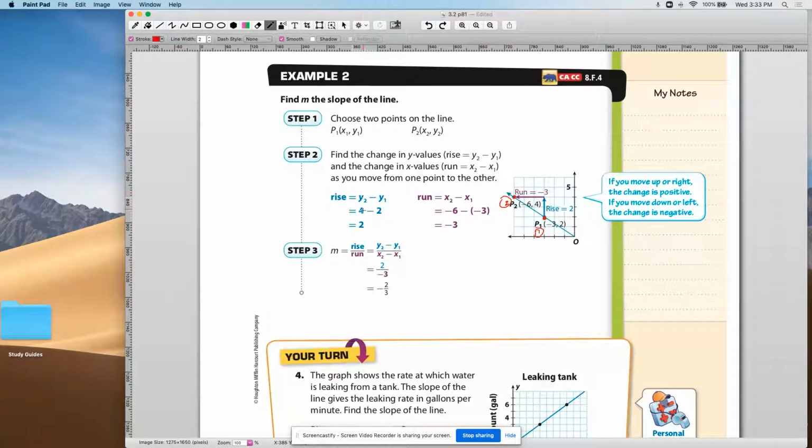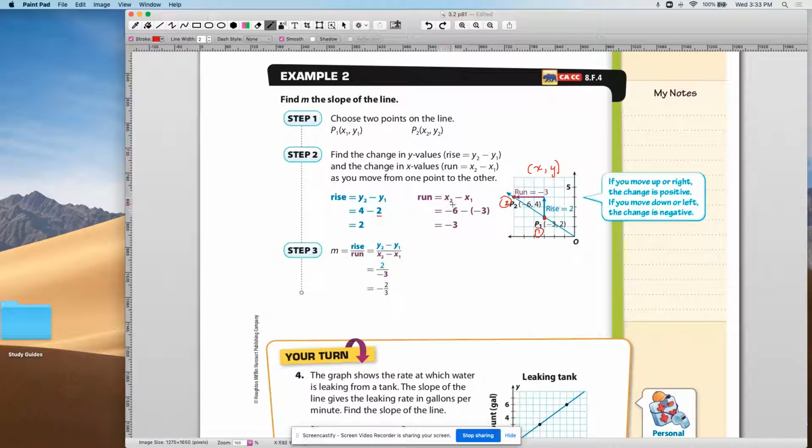So they're going to take the y value from point 2, which is 4. Remember, our points are always written x first, then y, go alphabetically. And then they're going to take the y value from point 2 and subtract the y value from point 1, which is 2. And they'll get 2.